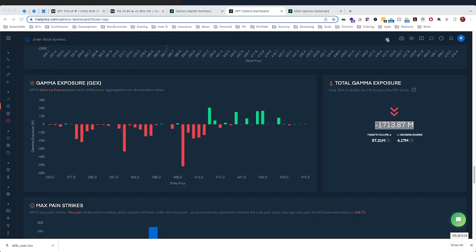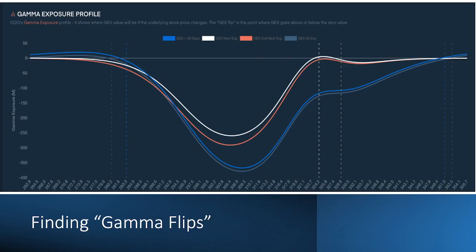Now, the other way is looking for a gamma flip level. This was recently added in by TradingView, which is really nice. What this shows us, the gamma exposure profile, is where gamma exposure value will be if the underlying stock price changes.